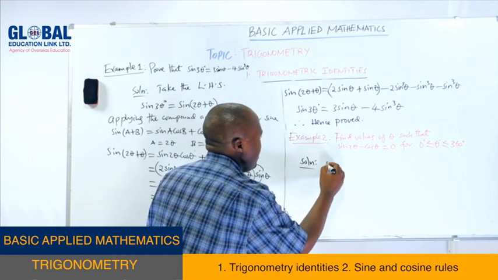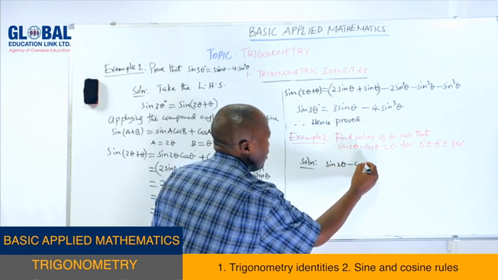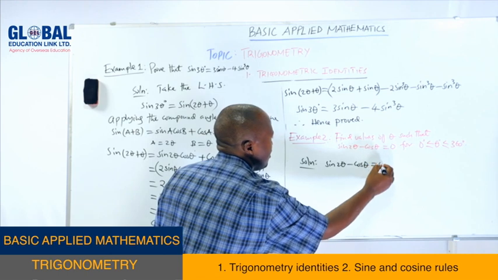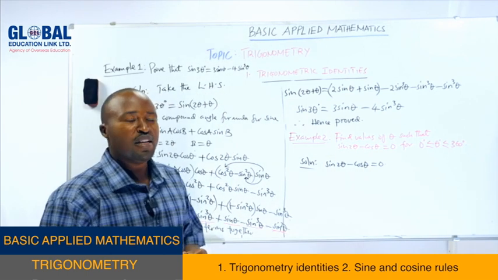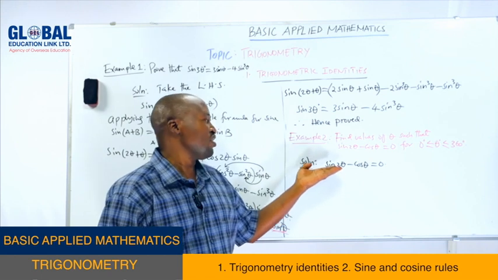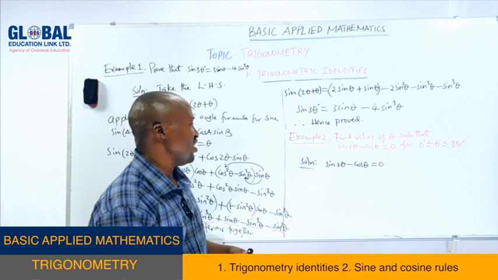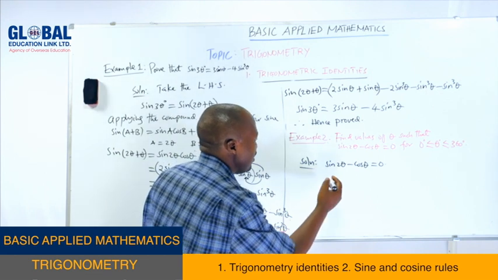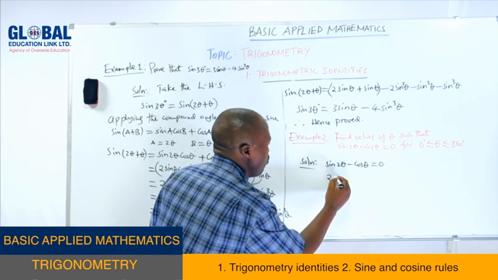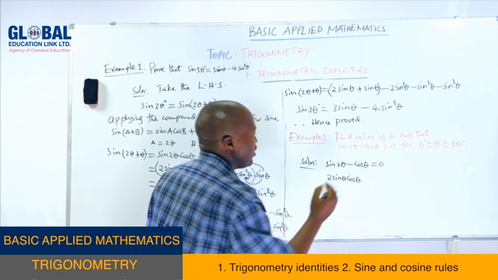we have sine 2 theta minus cos theta is equal to 0. But remember, we know exactly the value of sine 2 theta because sine 2 theta is a double angle formula. So the double angle formula for sine 2 theta is 2 sine theta cos theta.